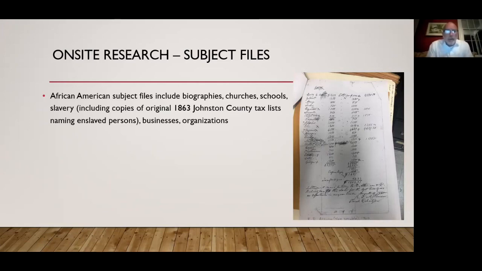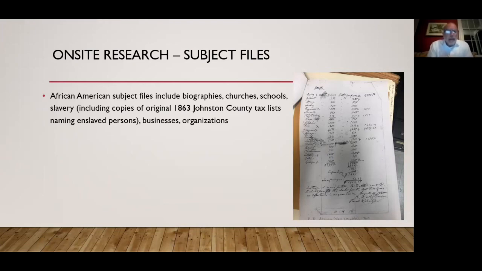But we have copies of that 1863 Johnston County tax list, which is somewhat rare. You don't see these very often, but for Johnston County, the 1863 tax list was saved, and it lists lots of names of enslaved persons and personal information about them.